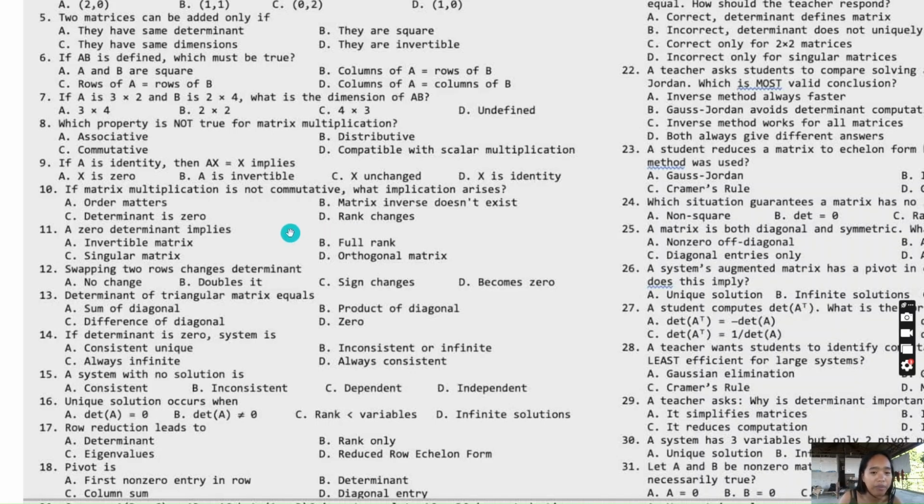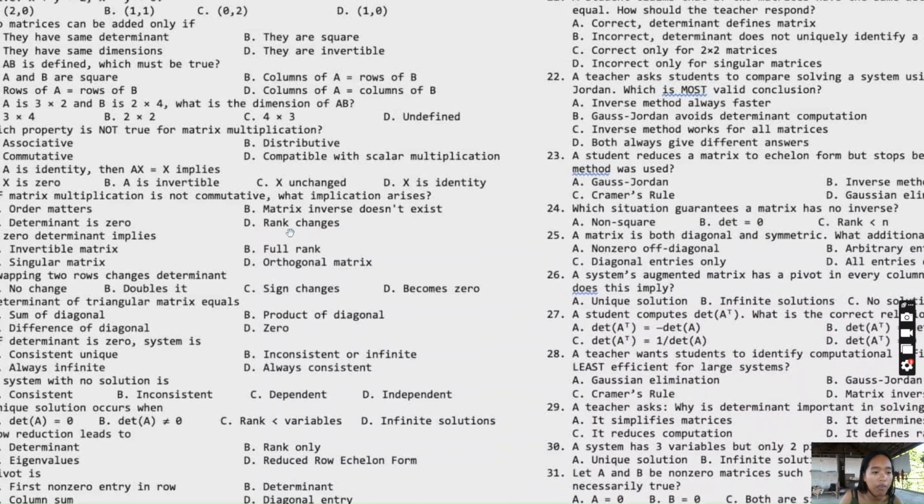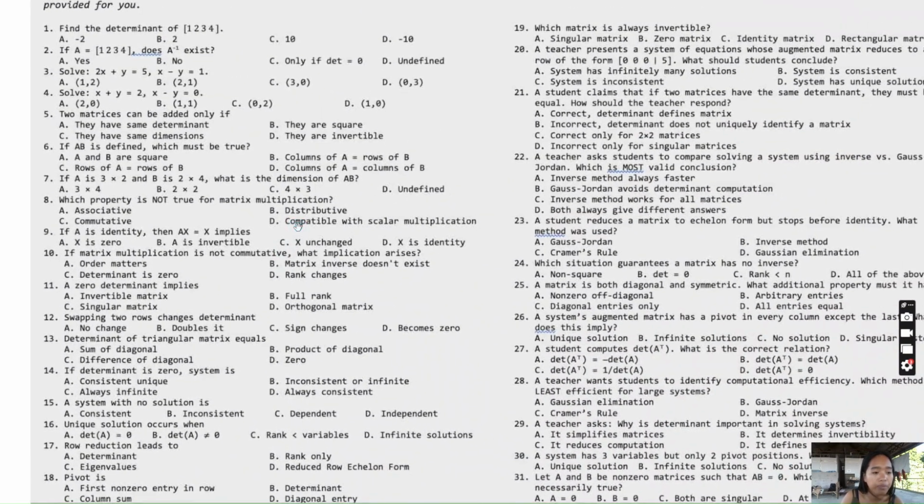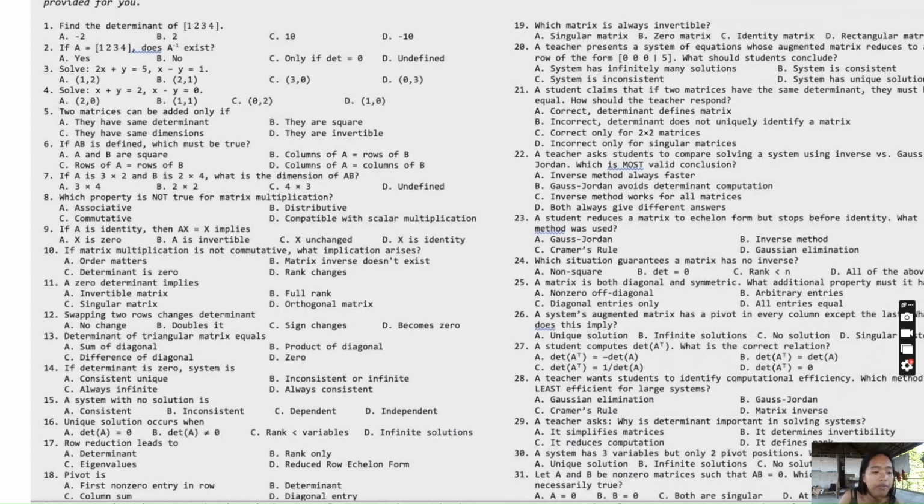So in number 10, we have here our question. If matrix multiplication is not commutative, what implication arises? So the correct answer is letter A, which is order matters.